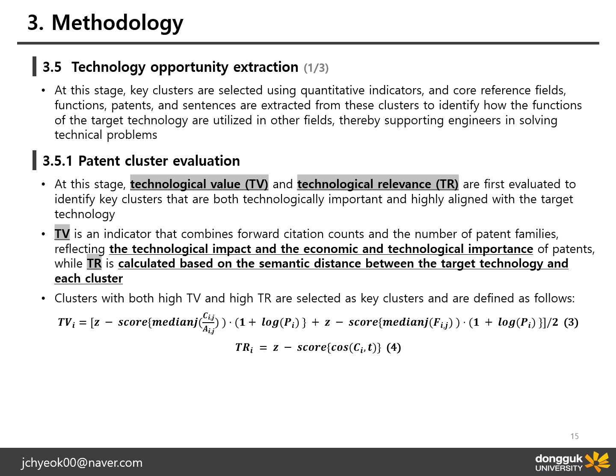Technological value is measured using patent family size and citation-based indicators, while technological relevance is assessed based on the semantic similarity between the target technology and each cluster. Based on this measure, key clusters are selected.